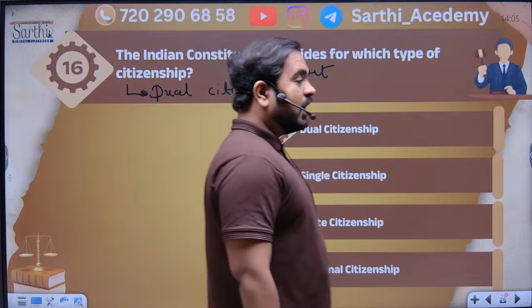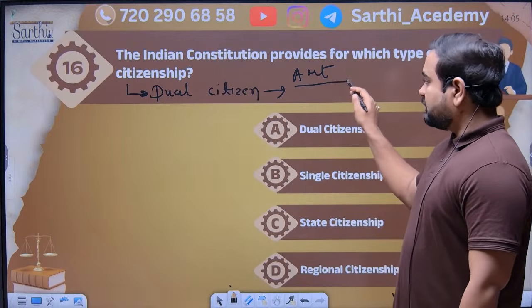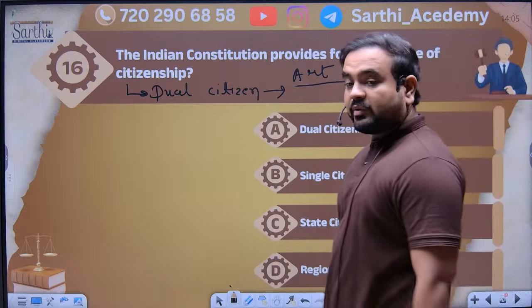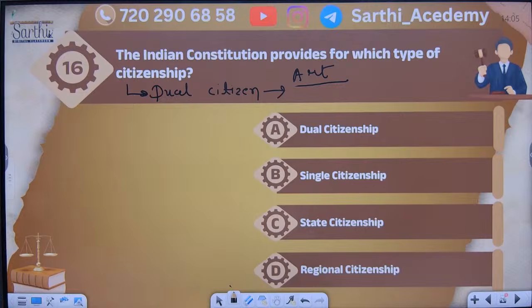Which article talks about abolition of dual citizenship, eradication of dual citizenship? Please answer.